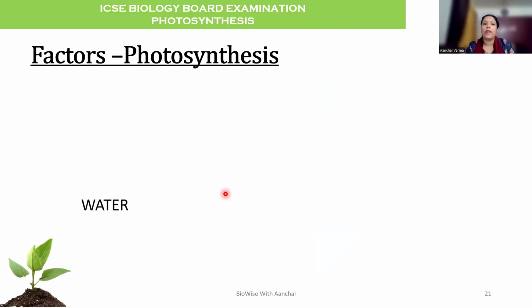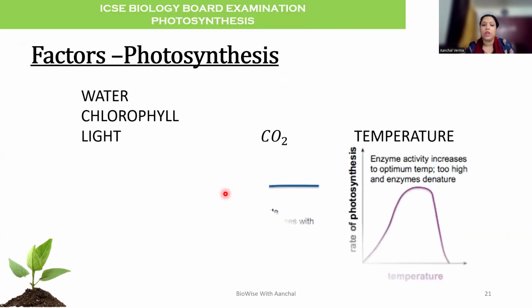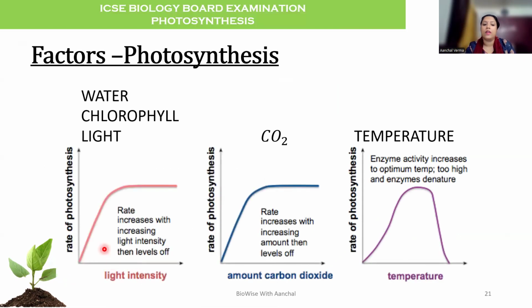Okay. Next one is the factors affecting photosynthesis. These are the factors affecting: water, chlorophyll, and sunlight. They affect, and carbon dioxide and temperature. When you talk about the rate, you can see light intensity or water concentration or chlorophyll. Initially, there is a rise in the rate of photosynthesis and then it becomes gradually flat. That is, other factors become limiting, so photosynthesis becomes constant.